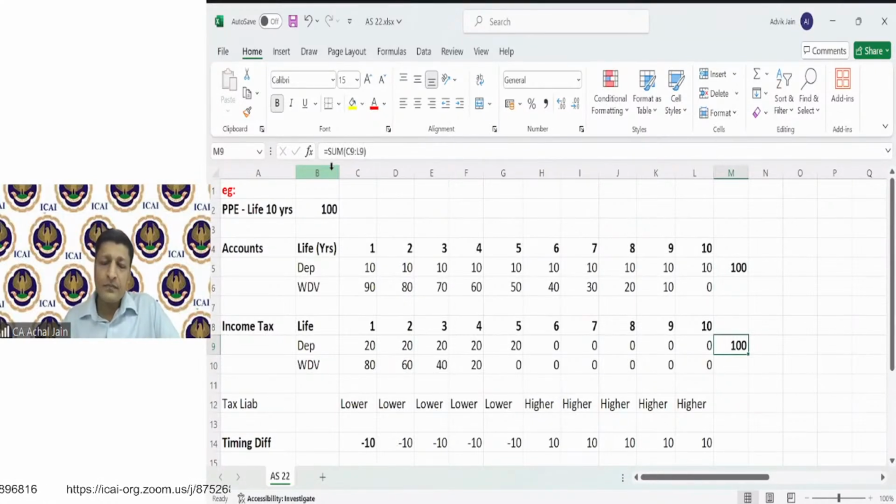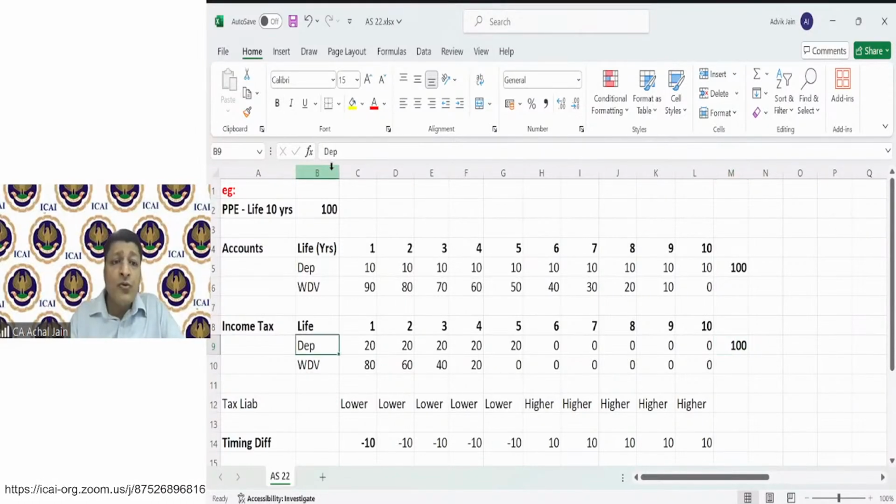Now, around depreciation, what do you find under the books of accounts as well as income tax? That if you look at the life of the asset, then over the life of the asset, depreciation charge will remain the same.